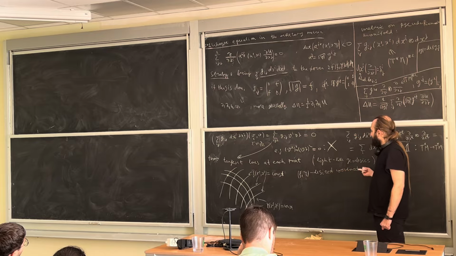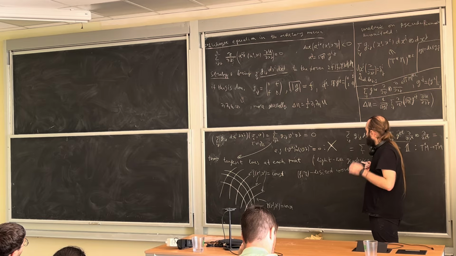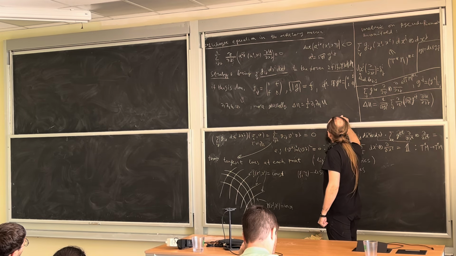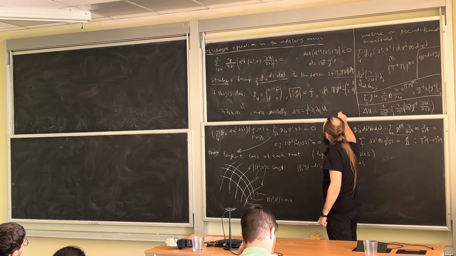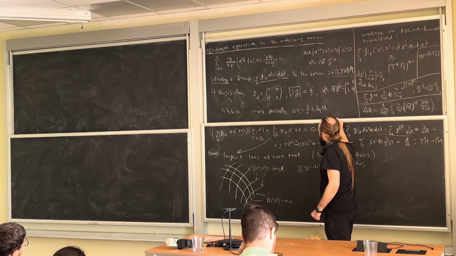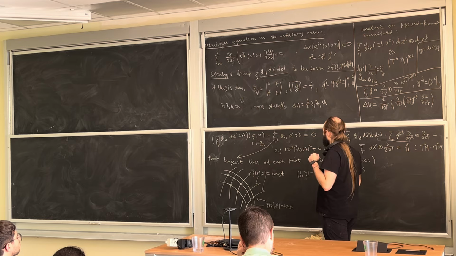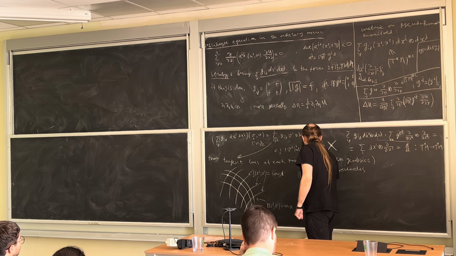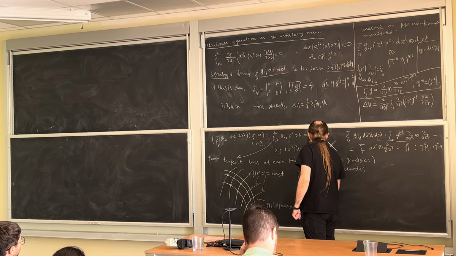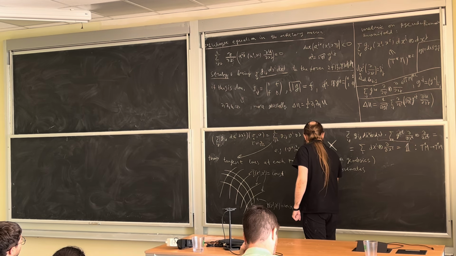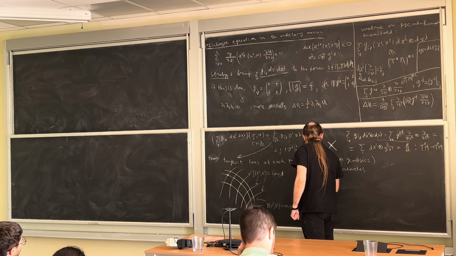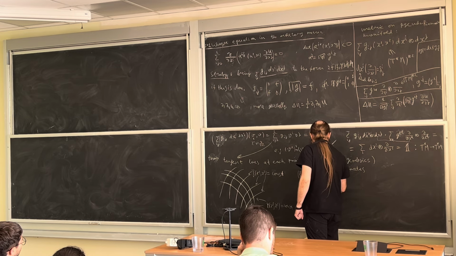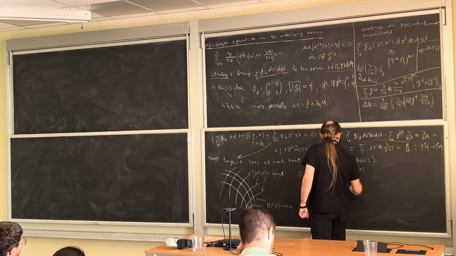And they are defined by this equation, that the sum over ij of gij dxi dxj equals to 0.